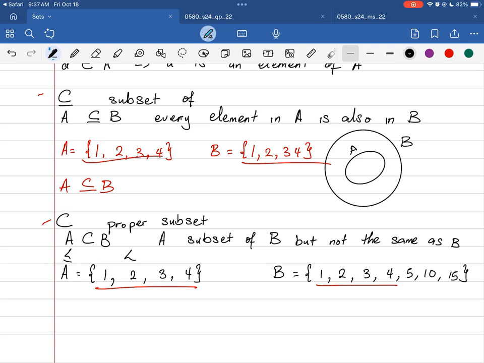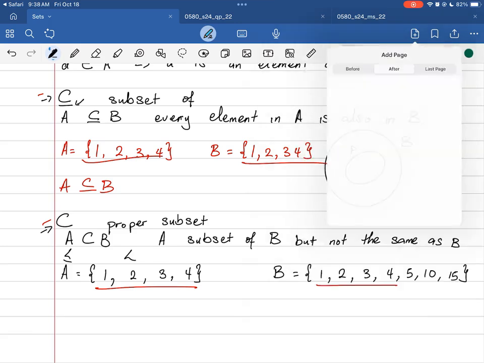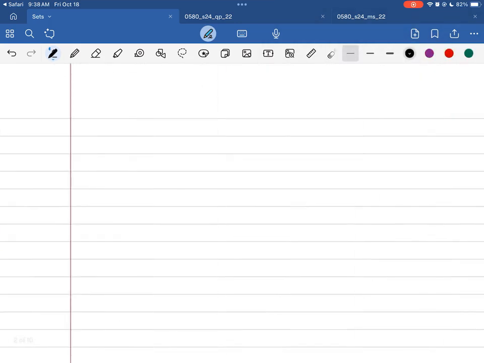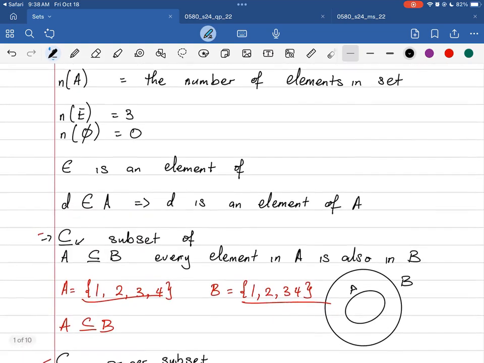If you see this sign with an underline, like a C with an underline and a C without one, you know that the one without an underline means A is inside B, but they are not exactly the same. It's a very similar difference. Now if you have a cross through all these, remember that this E sign means "is an element of".